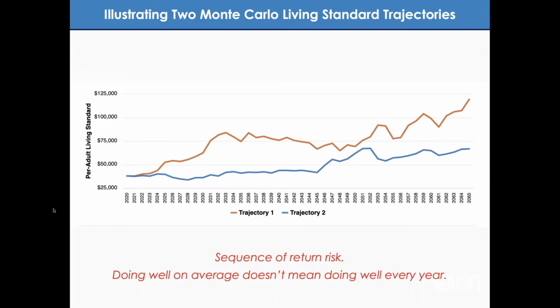And what you see is through time, the living standard is basically heading north, but it's got a long period where it declines because there's a number of years where the returns are poor. And in the blue trajectory, where on average the returns aren't so great, there are still some years where the returns are pretty good. And these curves can actually cross. There's nothing that says that they can't cross, even though one's going to be on average higher than the other across all the years.